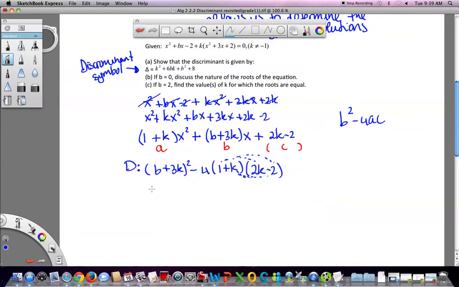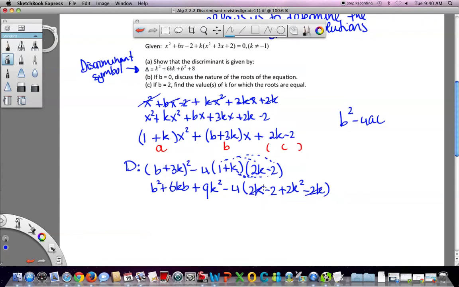Okay, so I do get b squared plus 6kb plus 3k squared, so that is 9k squared, minus 4. And then I get the same thing back here, so that's still 2k minus 2 plus 2k squared minus 2k.